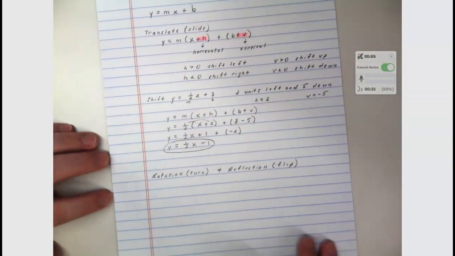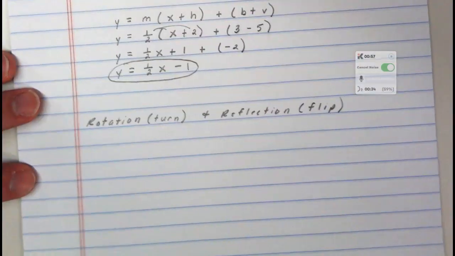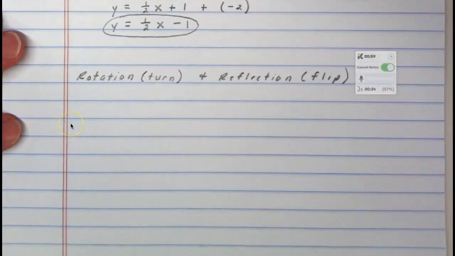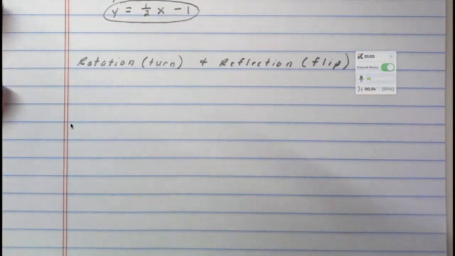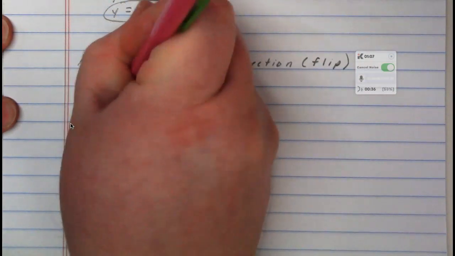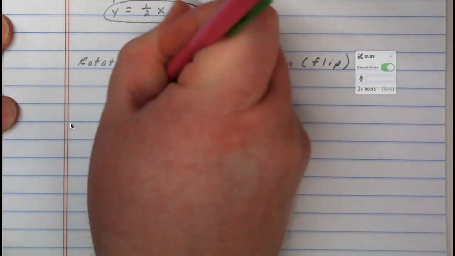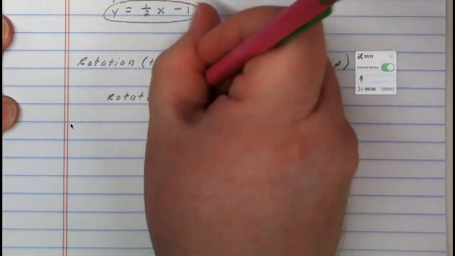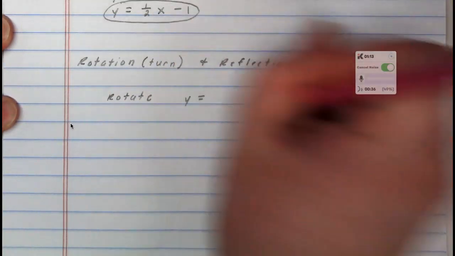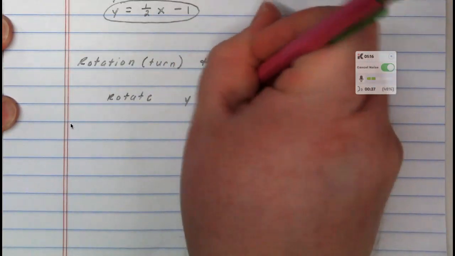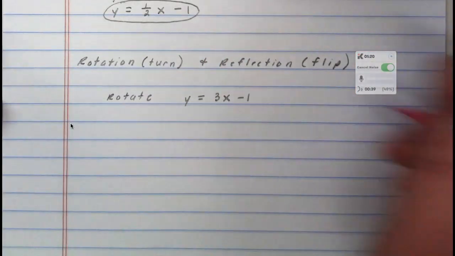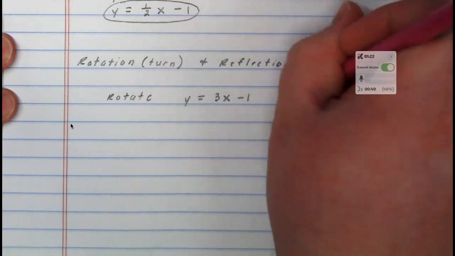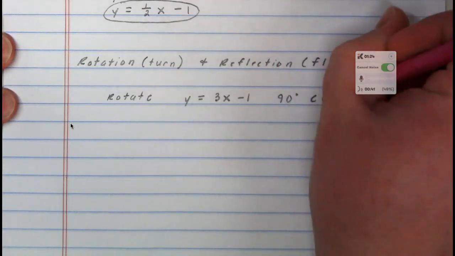So let's say that our goal is to rotate y equals 3x minus 1, 90 degrees counterclockwise.